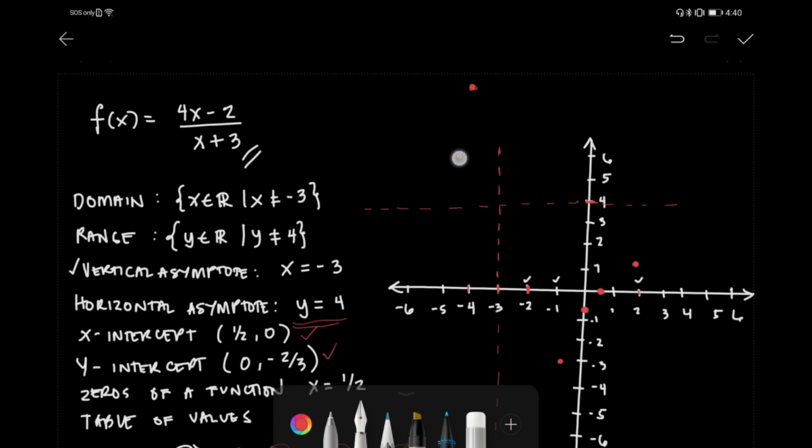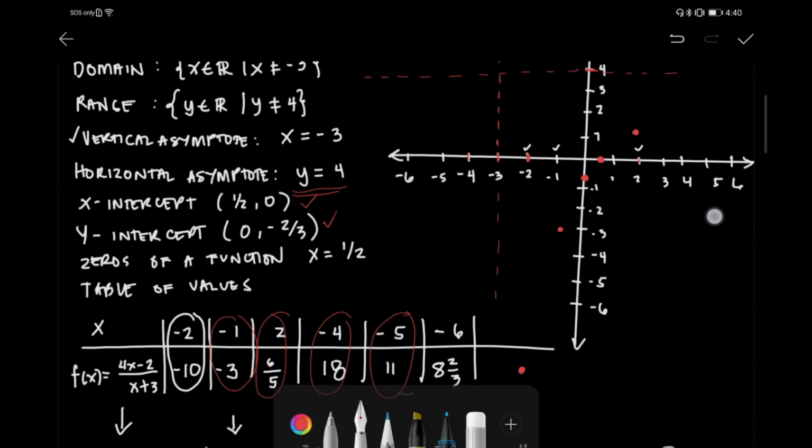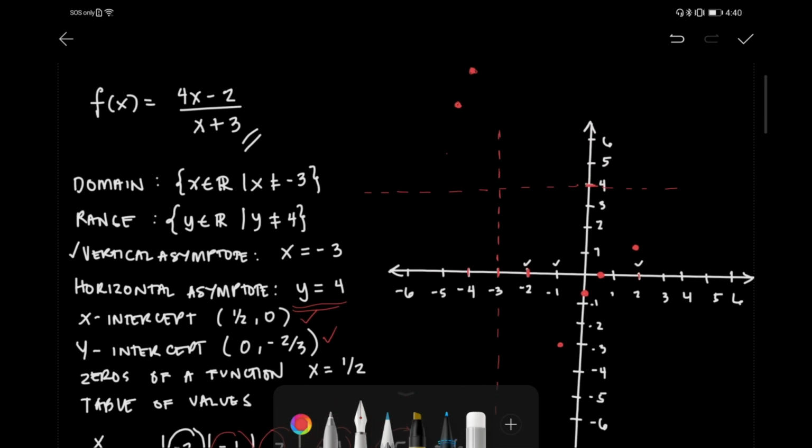Approximately, nandito yan. Ito naman is negative 6 is 8 and 2/3. So, nasa taas pa banda yan. So, nandito siguro yan.